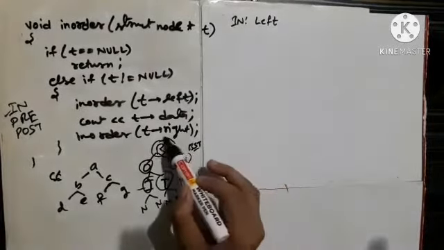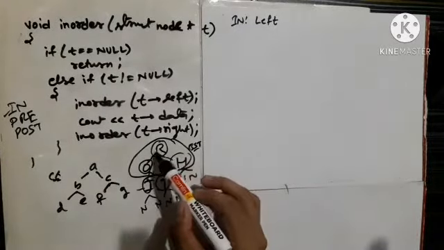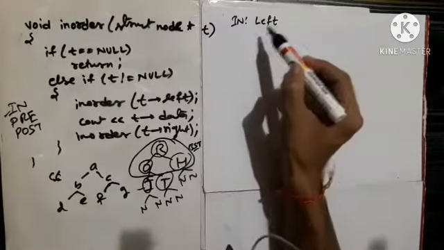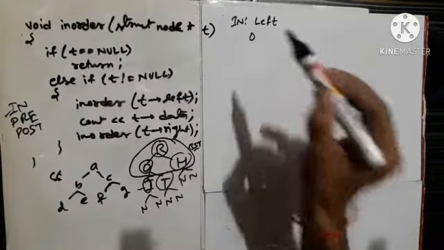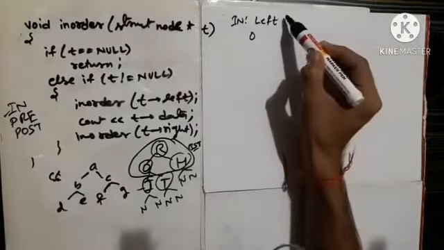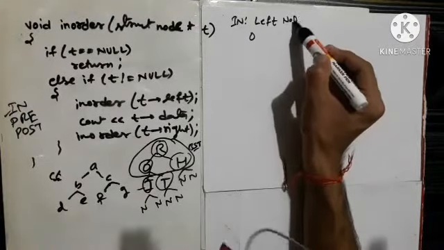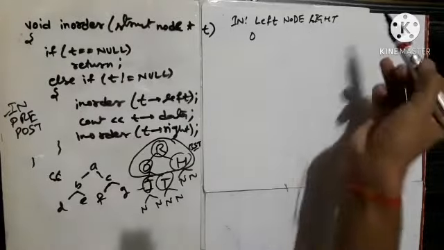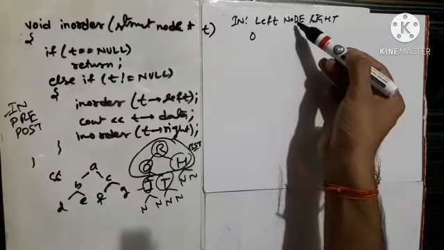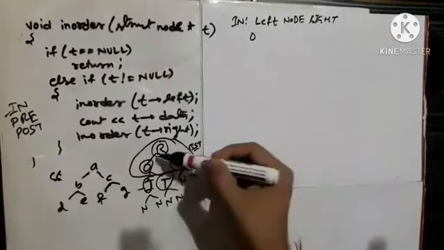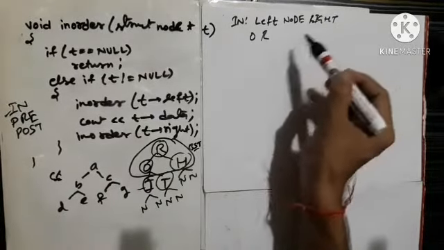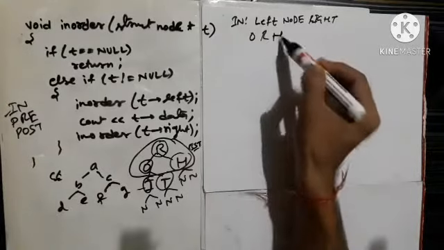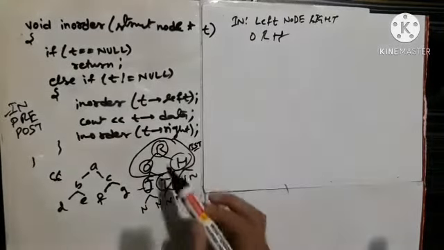Suppose I'm doing the in-order traversal for only this part, that means ROH, then I have to print the left, that means O, then the node R, and then the right of this node, that is H. So this is the complete answer for this part.